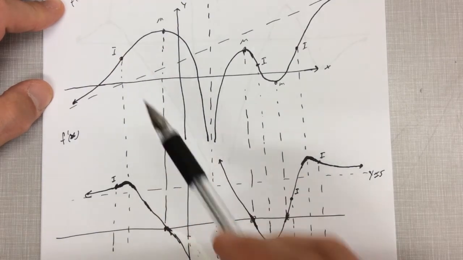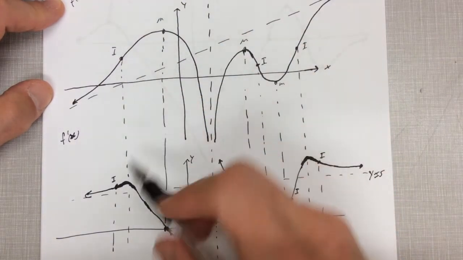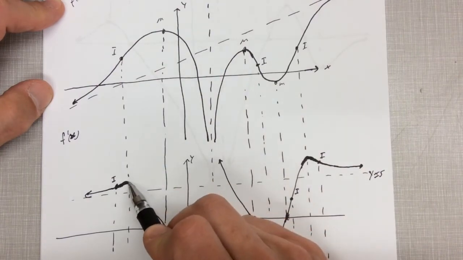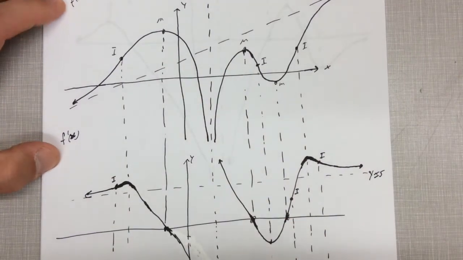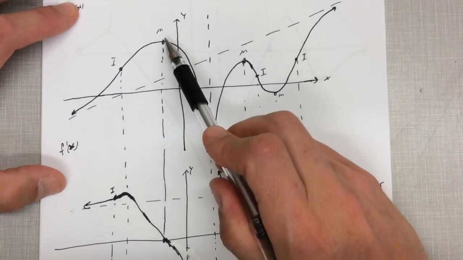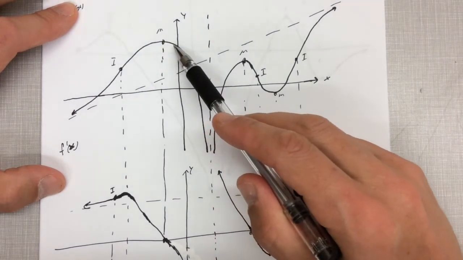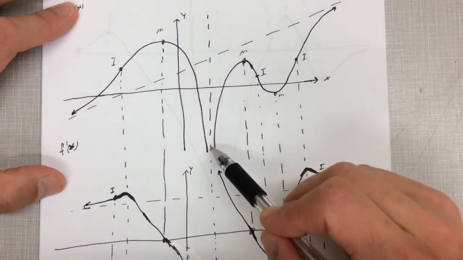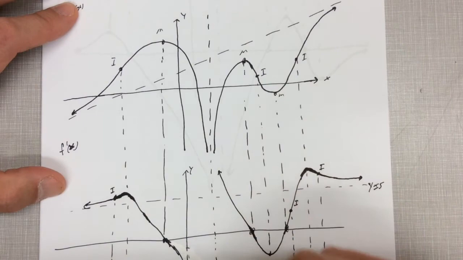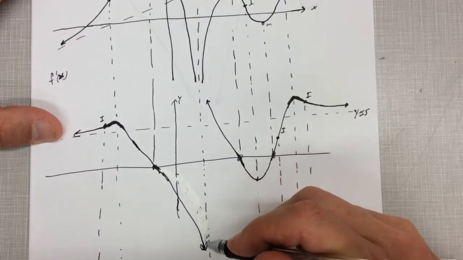And so that means the slopes of the tangents are a maximum here. Okay, and then we have a maximum here, so the derivative must be 0, so it must come down through there. And then the slopes of the tangents keep getting lower and lower and lower on that side of that asymptote, so they keep going down like this.